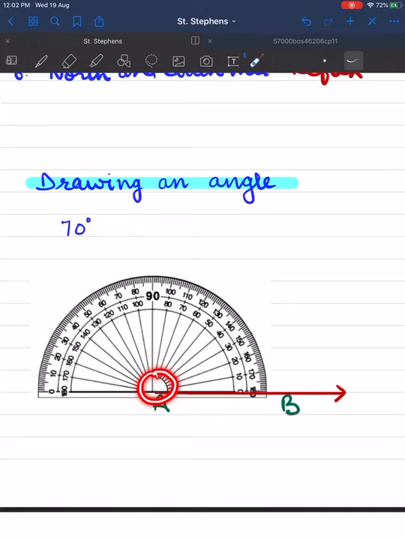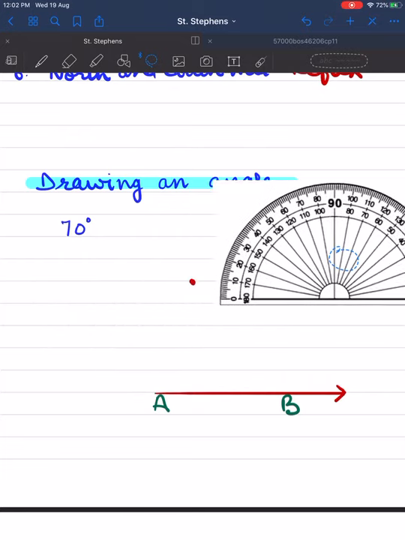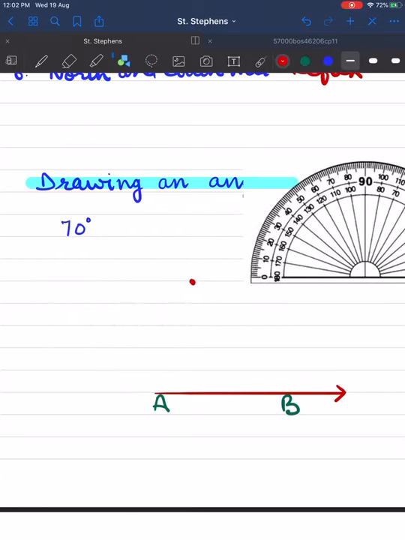We read the marking of 70 degrees on the curved edge of the protractor. So we put a mark over there. We remove the protractor and we join the point with A with a straight line, and let's name it as C. So here angle BAC is equal to 70 degrees.